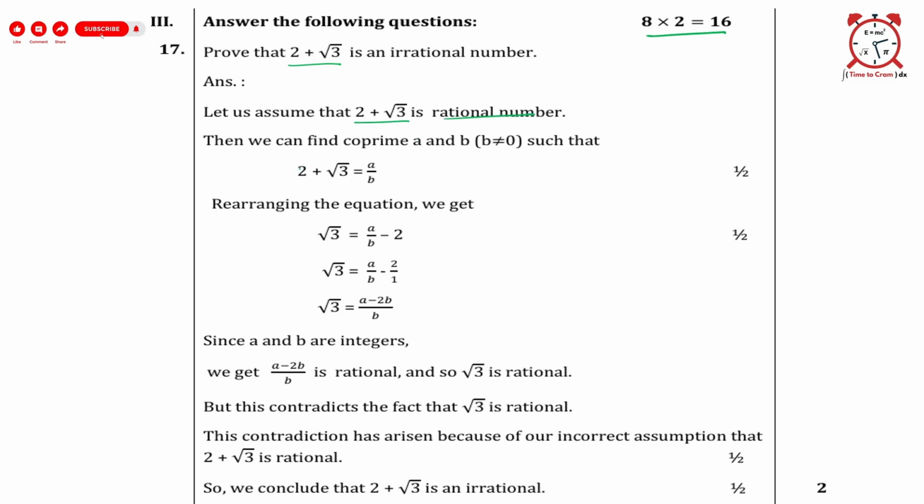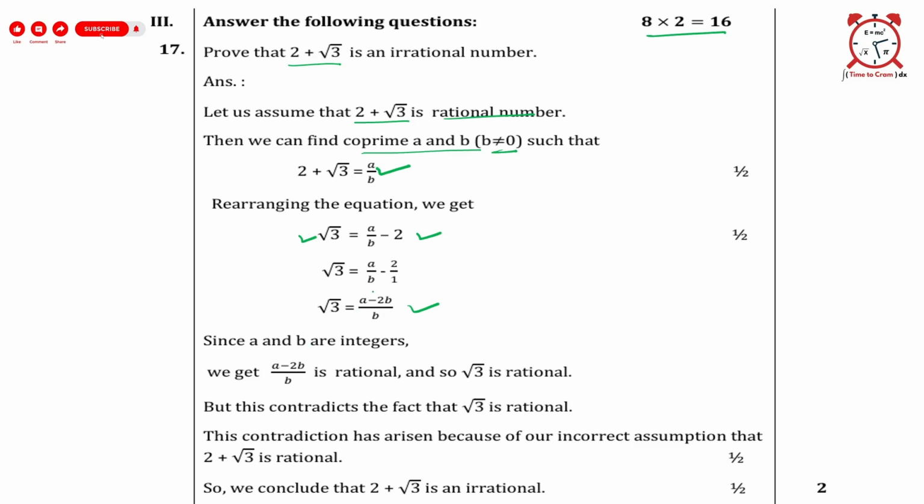If the number is rational, then it can be written in the form of a upon b, where a and b are co-prime numbers and b is not equal to 0. Now we will use the transpose method and simplify. Root 3 we will keep on LHS and the rest of the terms we will shift to RHS. So after simplifying, we will get root 3 equal to a minus 2b divided by b.